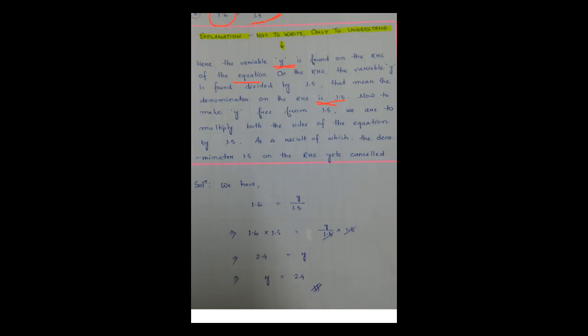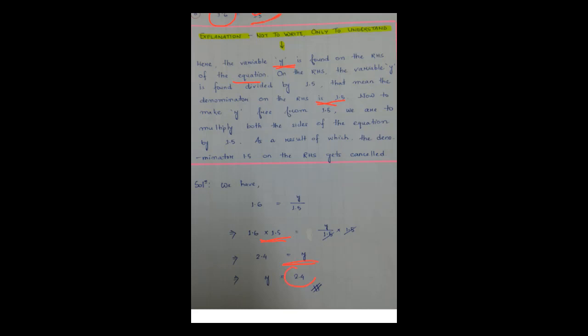So when we multiply both the sides by 1.5, the denominator 1.5 on the right hand side will be getting cancelled with 1.5. So only y will be left alone on one side, that is the right hand side, while on the other side, on the left hand side, 1.6 gets multiplied with 1.5. So what is left here? 1.6 into 1.5 is equal to only y on the right hand side.